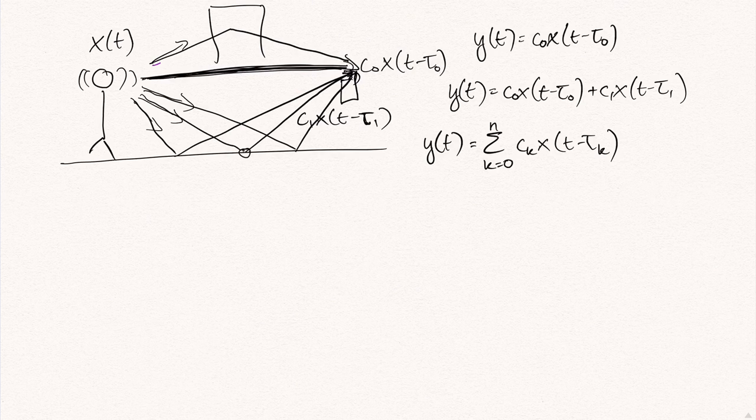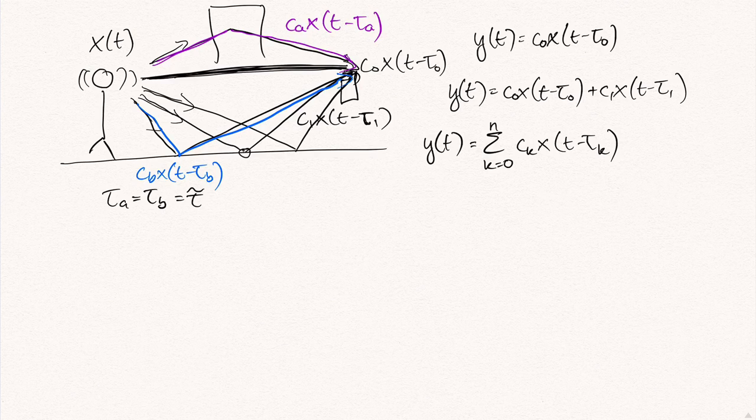Now obviously it may occur that this component here, let's call that c a, x of t minus tau a, and this component right here, which we'll denote c b, x of t minus tau b, in fact have the same time delay, so tau a equals tau b. We will call this tau tilde for now.